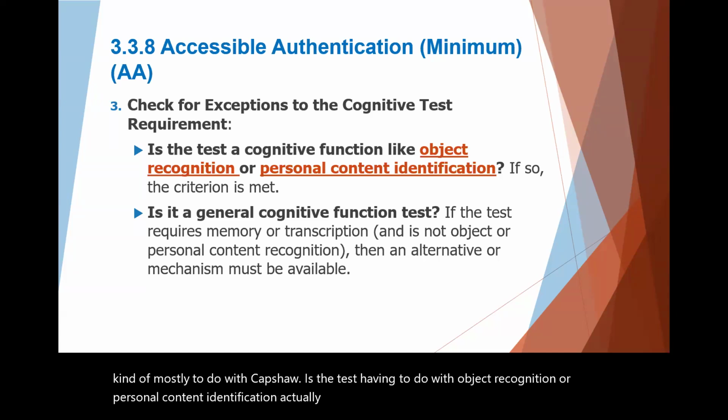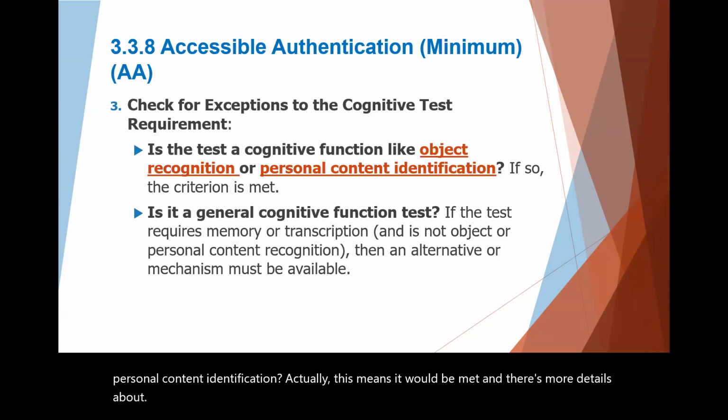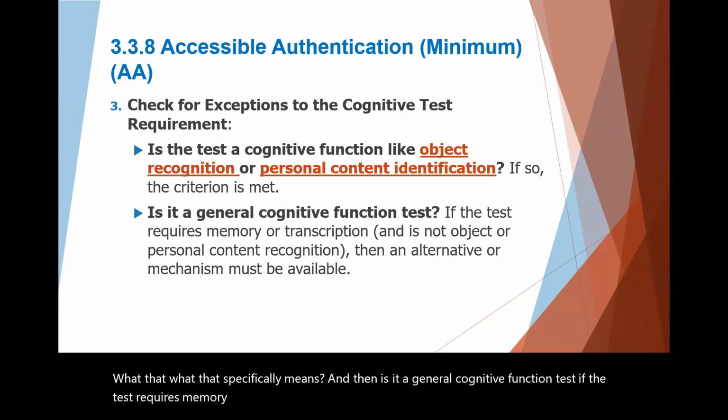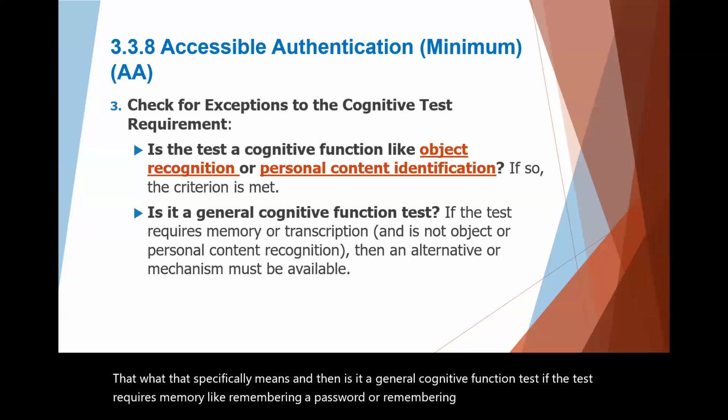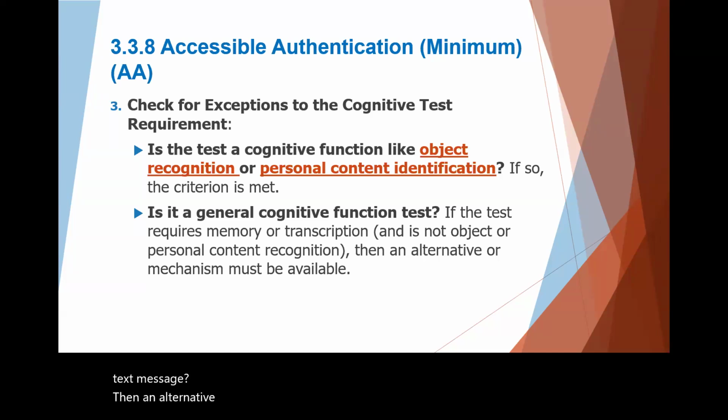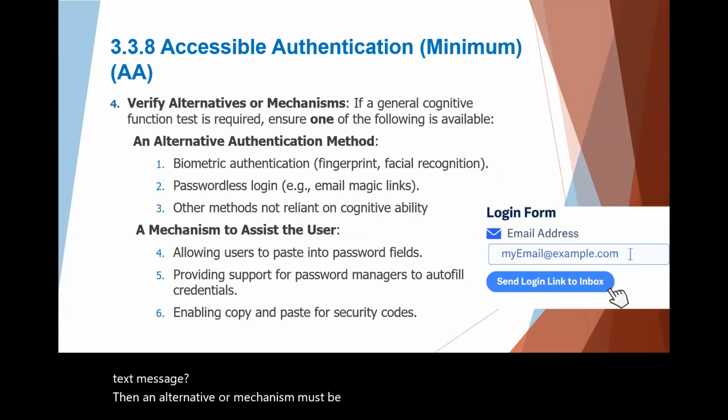Actually, this means it would be met, and there's more detail about what that specifically means. And then, is it a general cognitive function test? If the test requires memory, like remembering a password or grabbing a code from a text message, then an alternative or mechanism must be available.